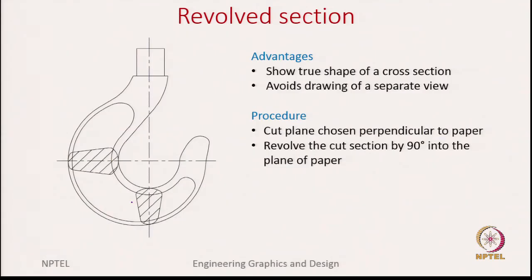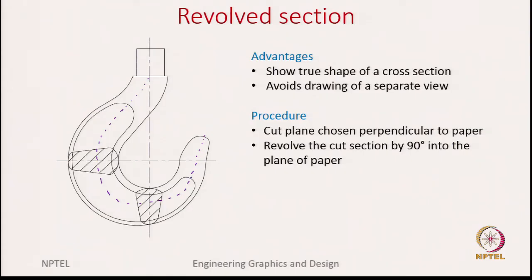So, now let us look at this revolved section. So, we need this to show the true cross section of an object. So, let us say what we see here is a hook of a crane which is used to carry heavy objects, and as you can notice, the cross section of this is varying along the axis. So, let us say this axis is running in this circular or curved fashion.